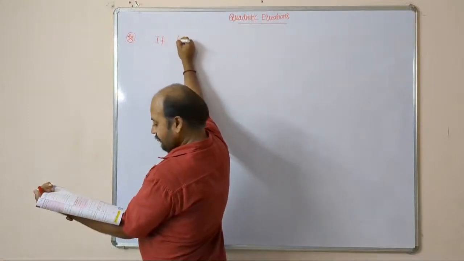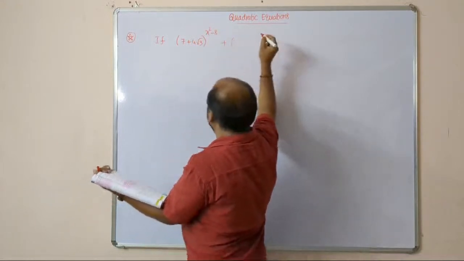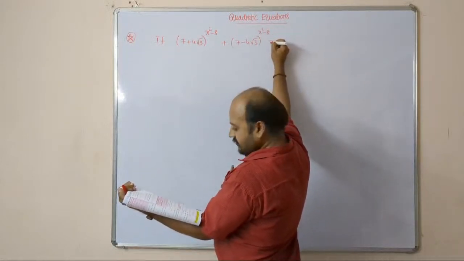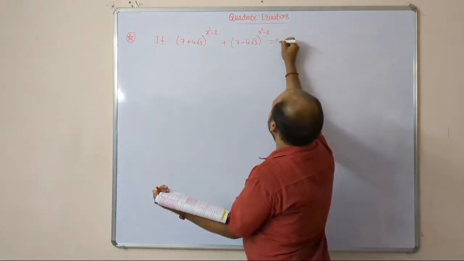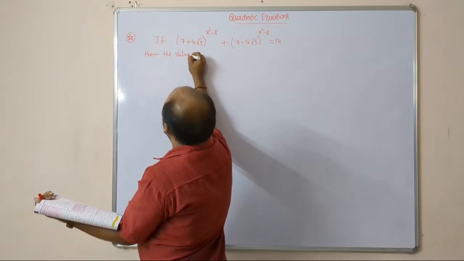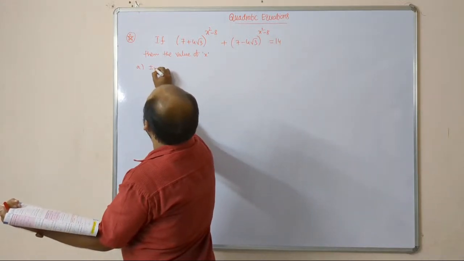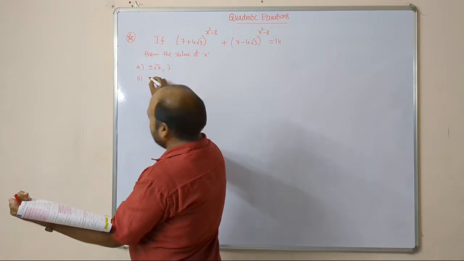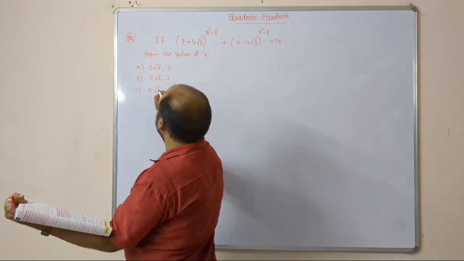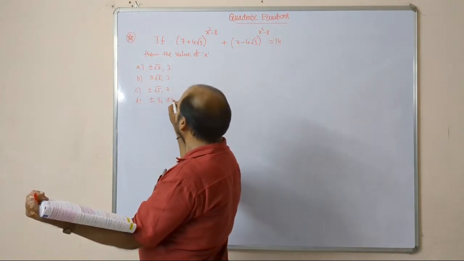If (7 plus 4 root 3) whole power x square minus 8 plus (7 minus 4 root 3) whole power x square minus 8 is equal to 14, then the value of x: first option plus or minus root 7 and 3, second option plus or minus root 6 comma 3, third option plus or minus root 5 comma 2, and fourth option plus or minus 3 comma plus or minus 2.